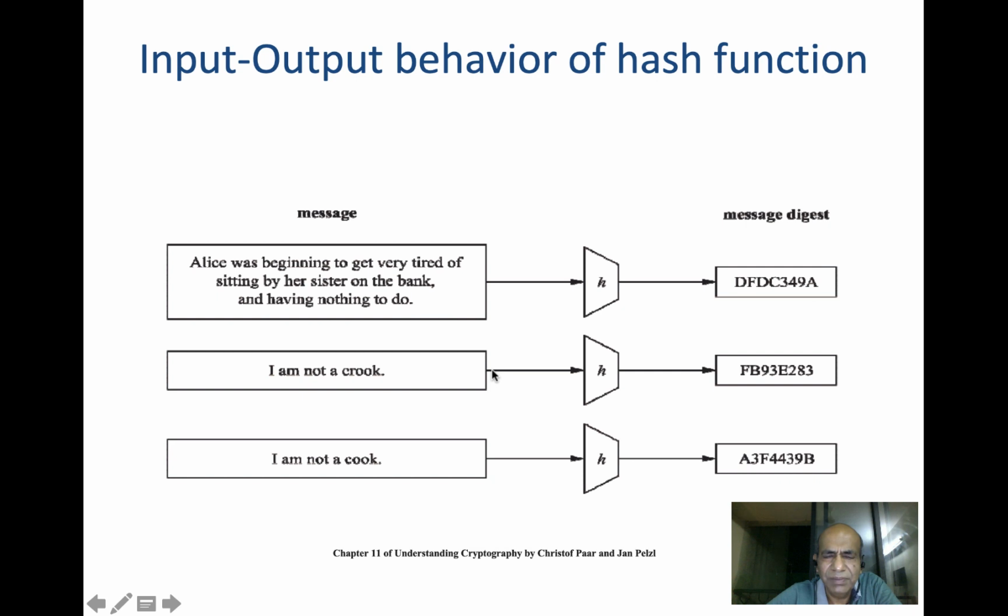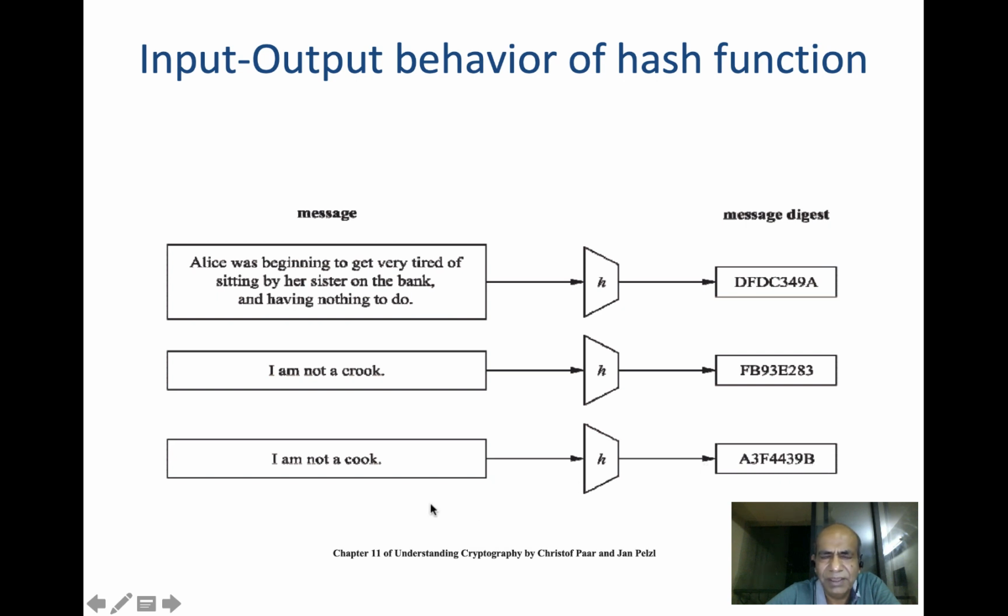Now let's give input to this hash function something that reads like "I am not a cook." The output of this hash function is FB93E283. Now, if we change this by a character and then input becomes "I am not a cook," then output of the hash function is significantly different from earlier hash output, which is A3F4439B.